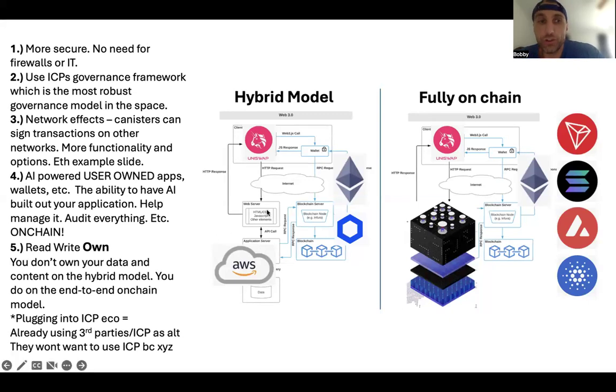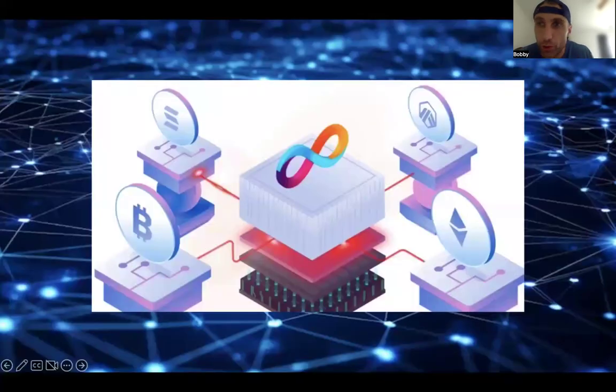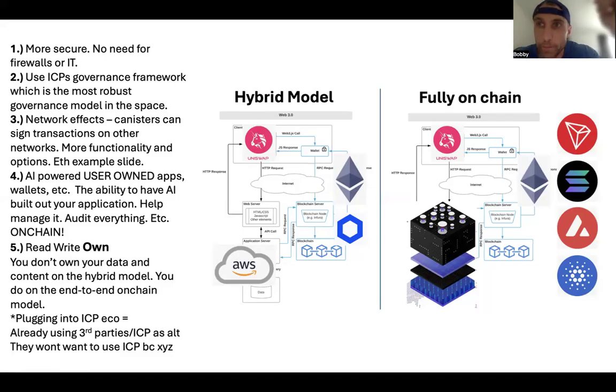So AI-powered user-owned apps, wallets, the ability to have AI build out your application, help manage it, audit it, but even just for something like Uniswap, right? Uniswap using canister technology, putting Uniswap in a canister, being able to have a large language model embedded for different things, maybe like auditing. So you get rid of cybersecurity and IT concerns. You get rid of those costs.